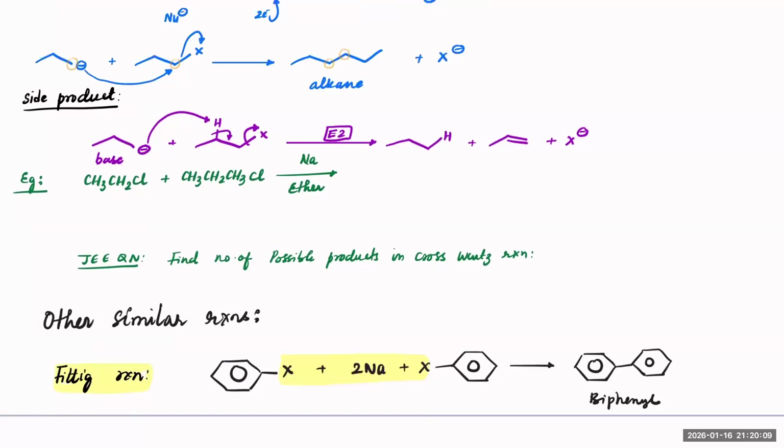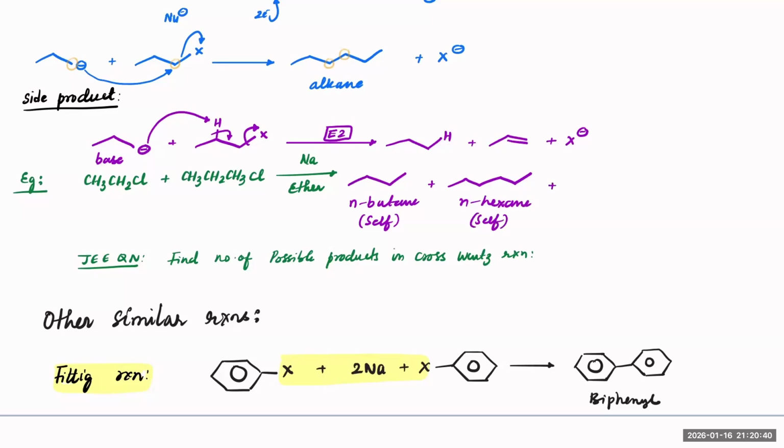So in case of different alkyl halides, first this ethyl chloride can give you coupling of its own and convert into butane. So you will get n-butane, which is called self-coupling. Second, you have propane, which can form hexane, which is n-hexane, which is also self-coupling.